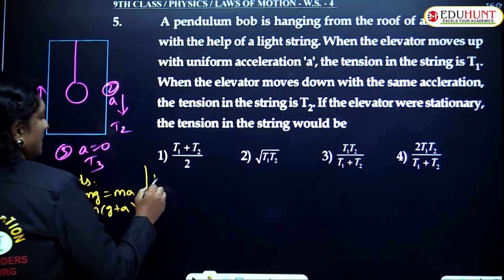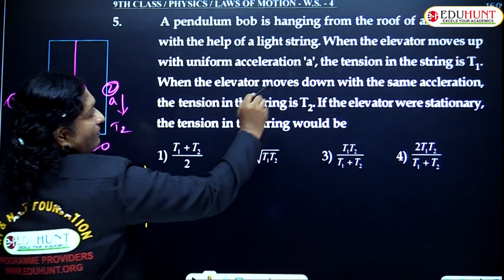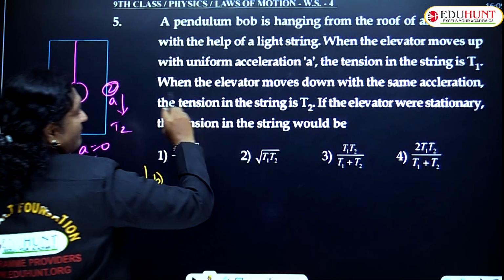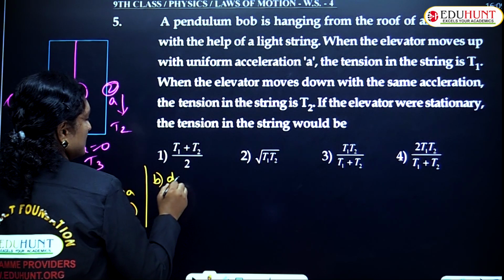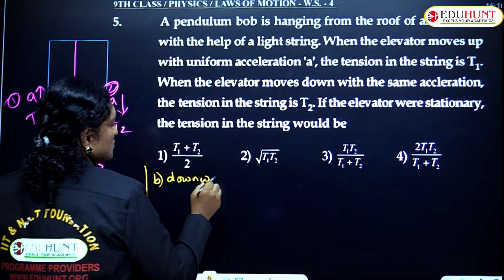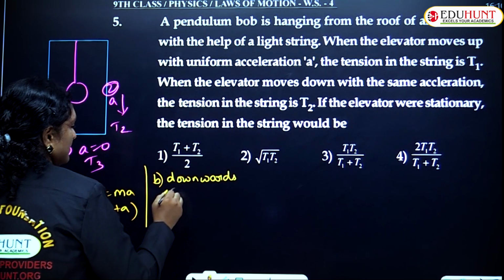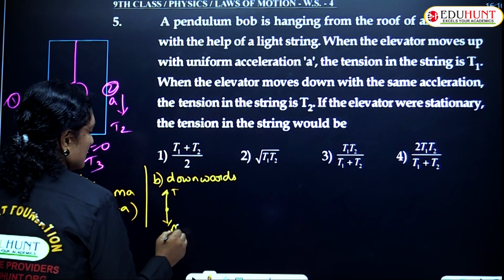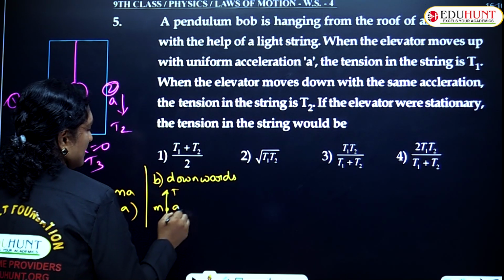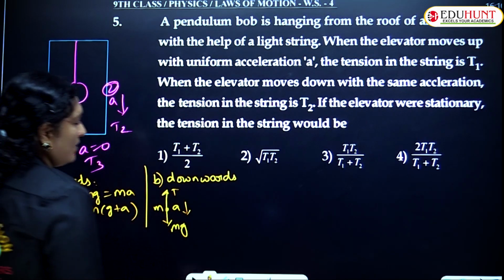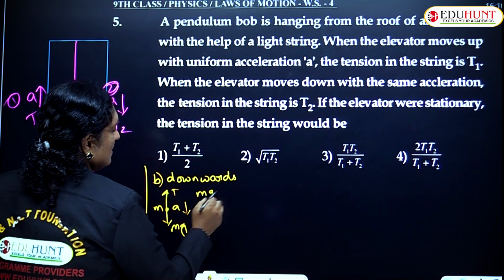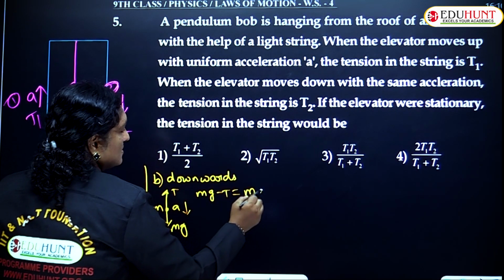Case 2. Where is case 2, children? When this elevator is moving downwards. So for the downward motion, tension upwards, weight downwards, acceleration downwards. The downward force is greater, so mg minus T equals ma.